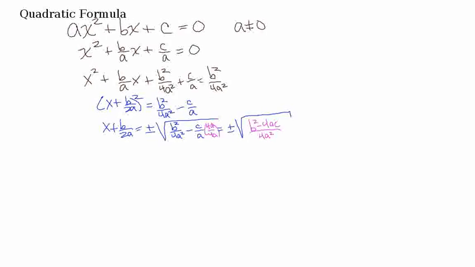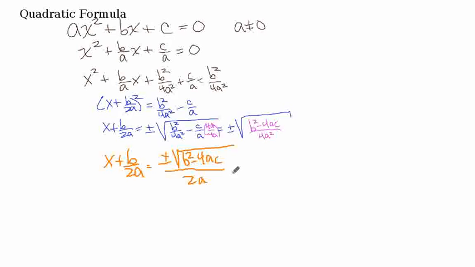Let's say x plus b over 2a is equal to plus or minus the square root of b squared minus 4ac, over the square root of 4a squared, which is 2a.